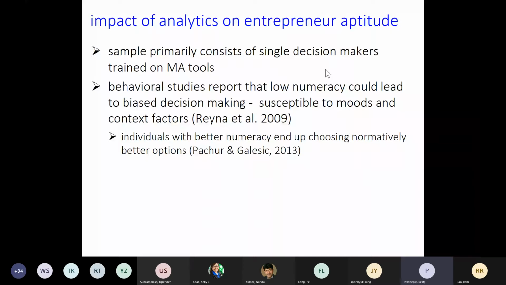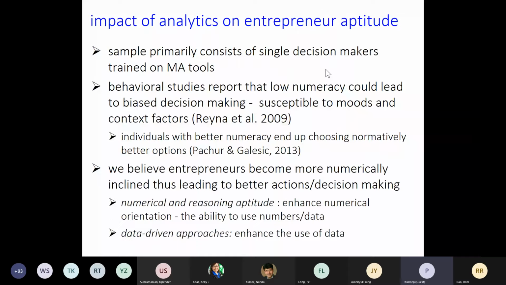So if having access to the app and going through this numbers drill every day, every week, every month somehow improves the numeracy and the skills of the entrepreneur in dealing with numbers, then perhaps that could be a potential route by which it ends up influencing what the entrepreneur does. Okay, so our hypothesis going in is that the entrepreneurs become more numerically inclined, which in turn leads them to make better decisions.